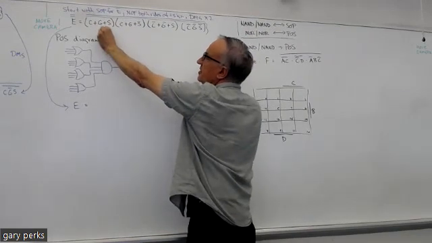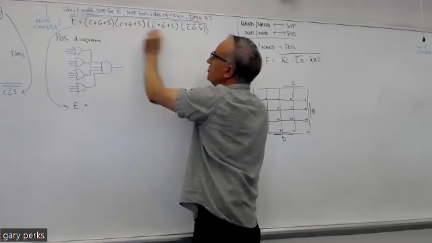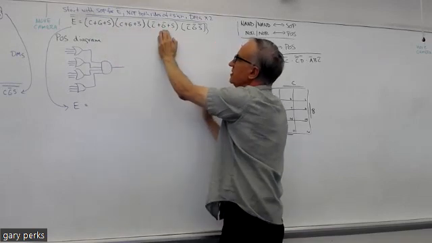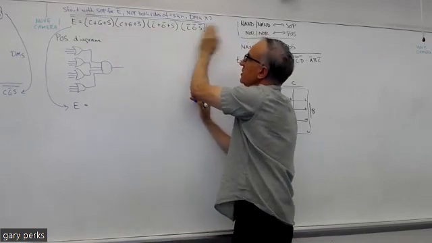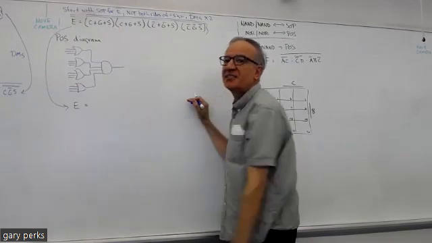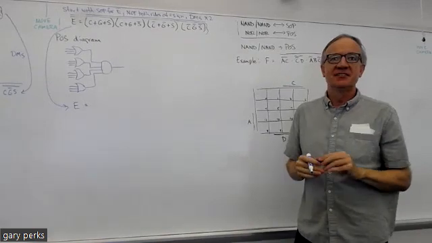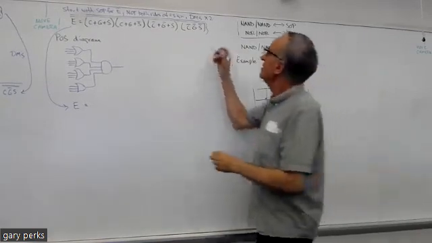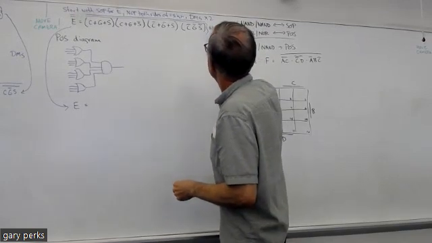If we take all these terms as inputs, this input is ANDed with this input, is ANDed with this input, is ANDed with this input, and then the whole thing is inverted. So what kind of gate is that? You're ANDing and inverting the whole thing. Yeah, that's a NAND.